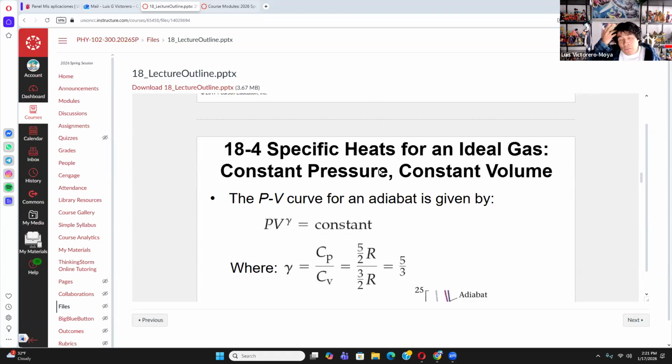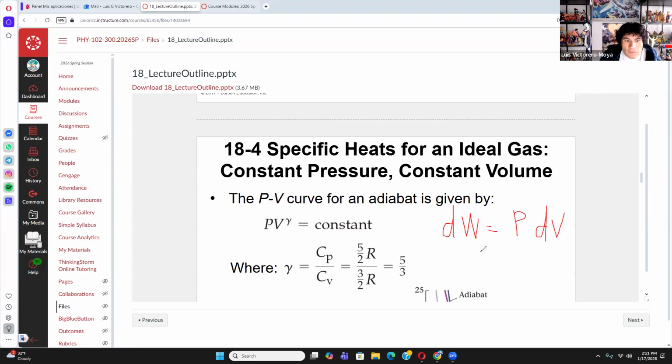For an adiabatic process, it can be proven that P and V vary in a curve like this. And you can find the value of work because, if you think about it, dW is P dV.